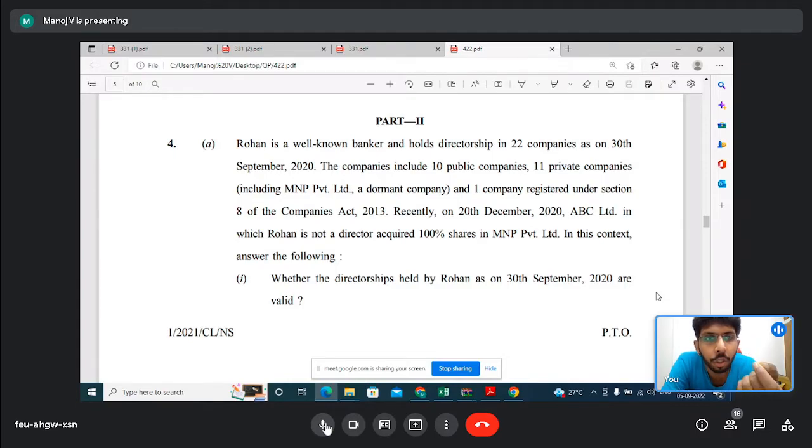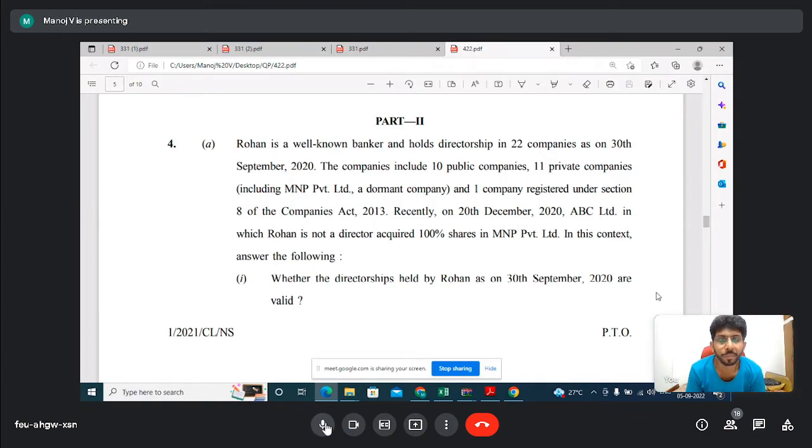Even if it is dormant, how can the number be 11? It should be 10. The total number goes to 22, and the total number cannot cross 20, irrespective of anything. Because as a director, you cannot hold directorship in more than 20 companies.